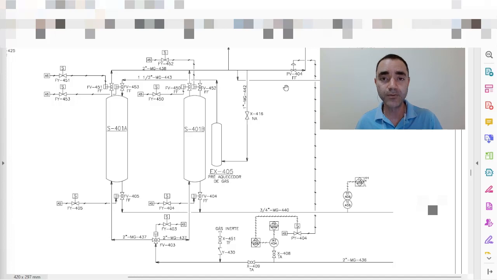Because I reduce the orifice of my control valve, the pressure downstream of the control valve will be lower. As I reduce the orifice, I increase the pressure drop, and because of the pressure drop variation, the control valve is able to do the controlling. But that impacts the downstream of the control valve.